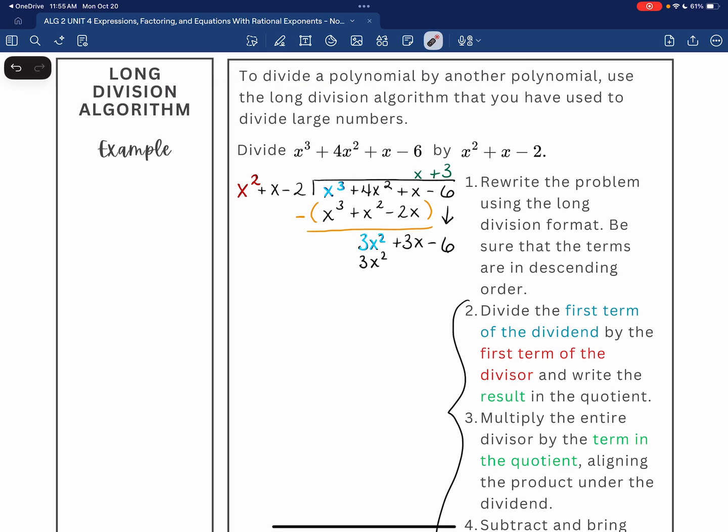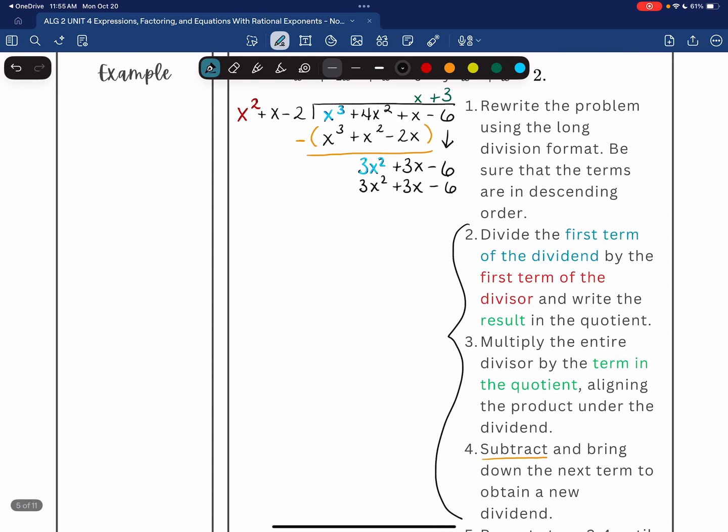And then we keep multiplying. The 3 times the next part in my divisor. 3 times x is 3x. 3 times negative 2 is negative 6.